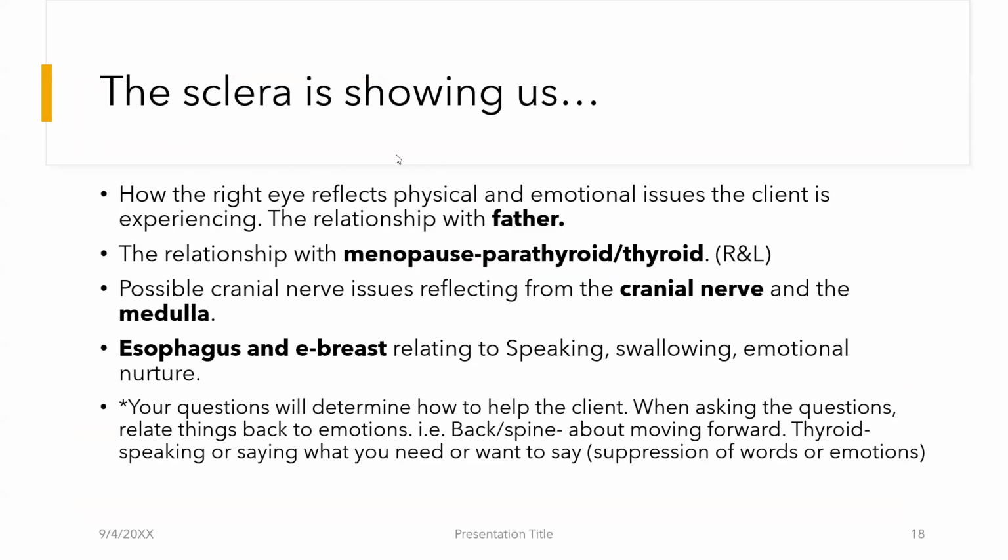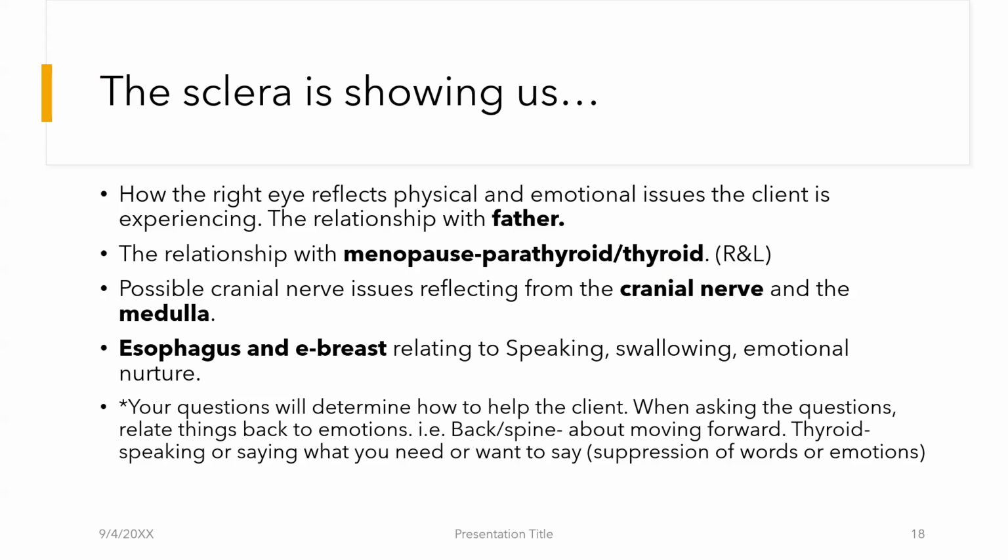So the sclera, based on what we saw with this client, is showing us from the right eye the physical and emotional issues that the client is experiencing, and this is the relationship with father. The relationship with the menopause, parathyroid, thyroid that we see on both sides is also a concern.